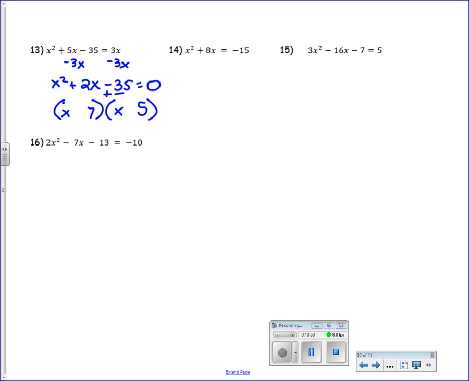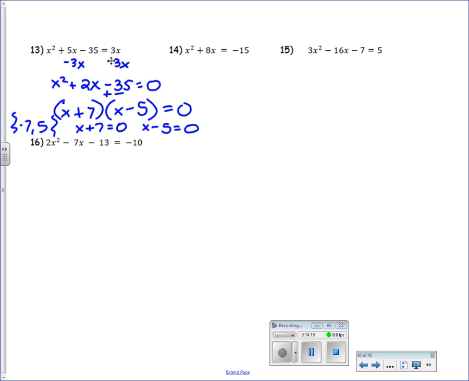Now, if one's plus and one's minus, but it needs to add to 2, that tells me that the plus must go with the 7 and the minus must go with the 5, because 7 times negative 5 is negative 35, and 7 plus negative 5 makes 2. Then from there, again, set each parenthesis equal to 0 using the zero product property and solve. And so we would get negative 7 and positive 5.